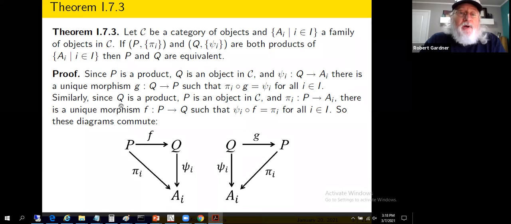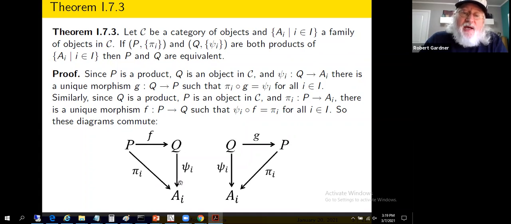Similarly, if we interchange the roles of P and Q and think of Q as the product and P as an object, then with these pi sub i's projecting P into A sub i, there's a unique morphism, let's call it F. So we get a unique morphism mapping P to Q, and we get the same type of composition.